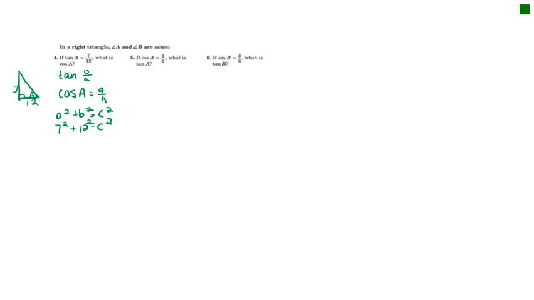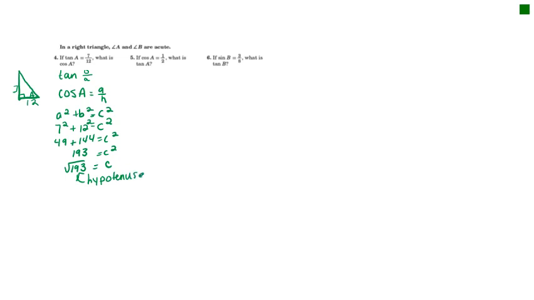So 49 plus 144 is 193. So we're going to do the square root of 193. I don't think that can be simplified at all. There's not a perfect square that goes into it. So that's what we're going to use for my hypotenuse.